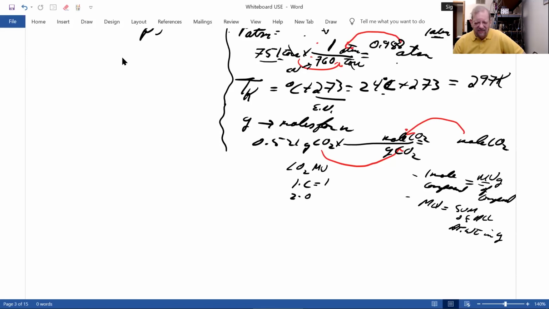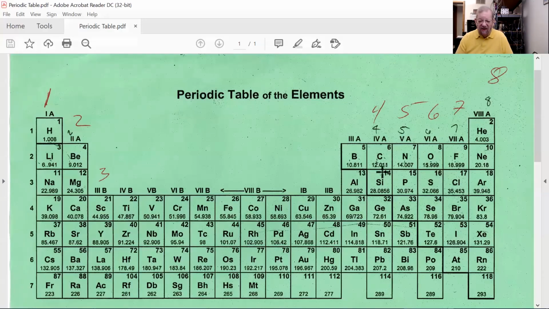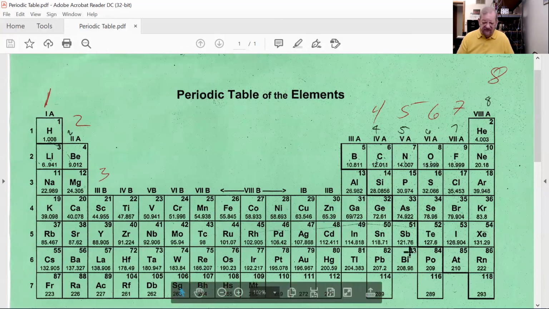Now, 1 carbon, if you look at the periodic table, the atomic weight, let's find out. I have a periodic table open. It is 12.0. Remember, rounded off to 3 significant figures. For oxygen, 15.999 rounds off to 16.0, 3 significant figures.